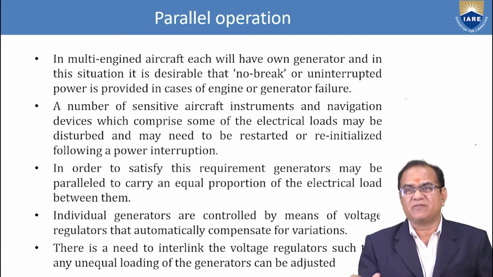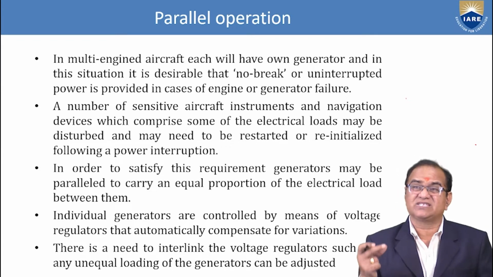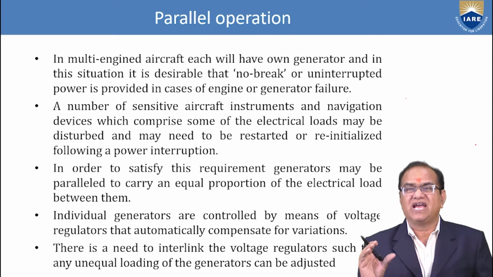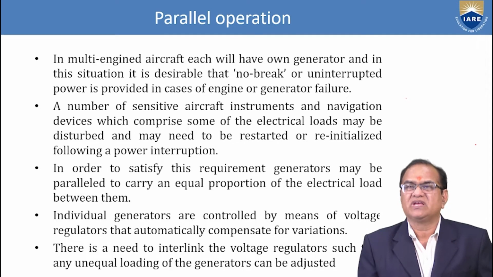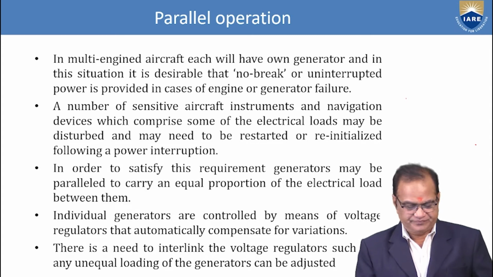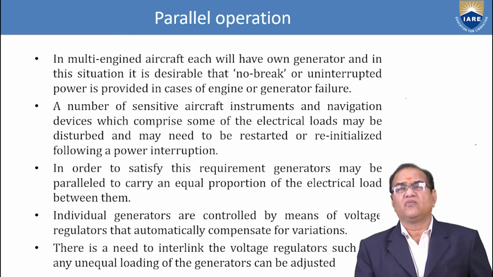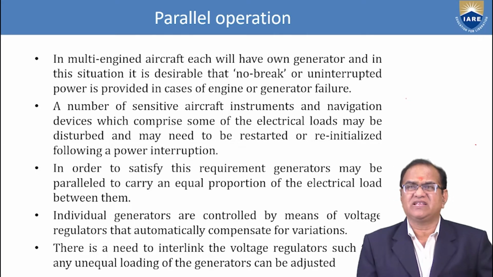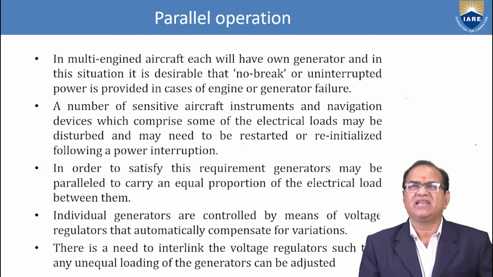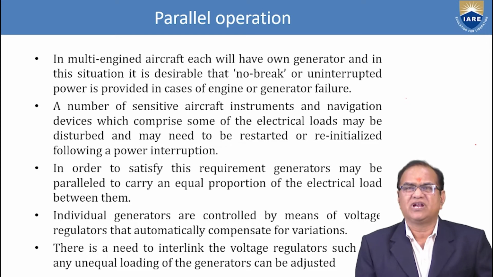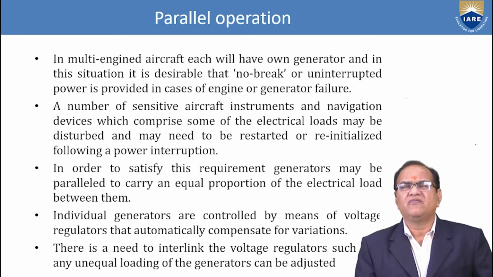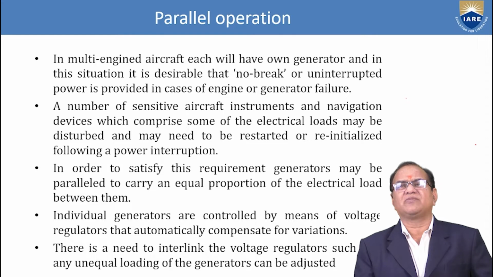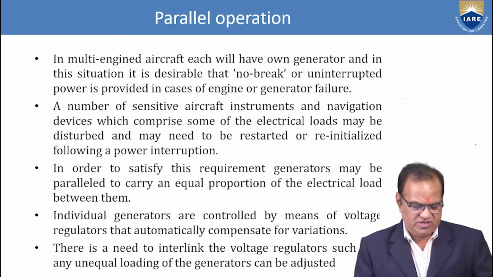If power is interrupted, or the voltage or anything is not proper as per the design standard of the system, the power will create a problem and the system may not work as it is supposed to. So we need a parallel system, so that if any one system fails, another should take over very smoothly and the aircraft should not be disturbed. So that is the meaning of this second point.